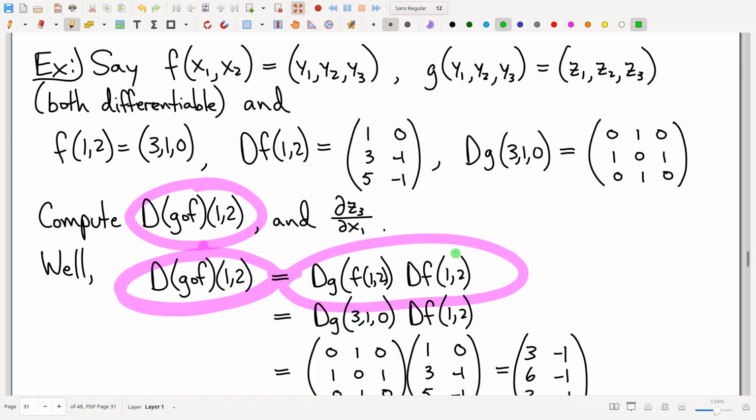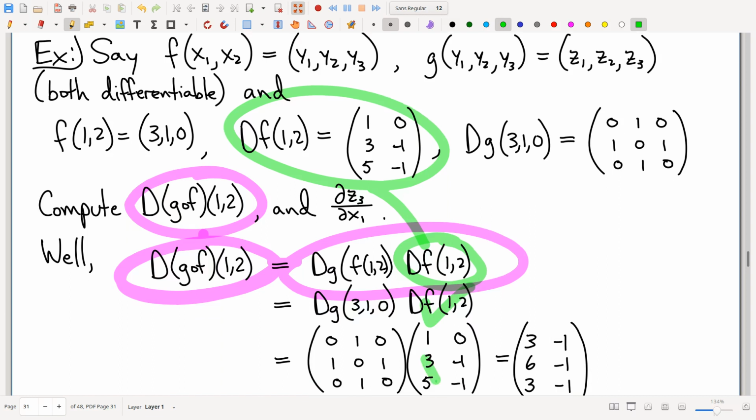I'm going to need the DF matrix, specifically evaluated at the point 1, 2. And good news, that was given. I don't have to take any partials, which is good because I don't know the formulas for these functions. But evaluated at 1, 2, we have the DF matrix given. So that is just this matrix right there. Everybody good?